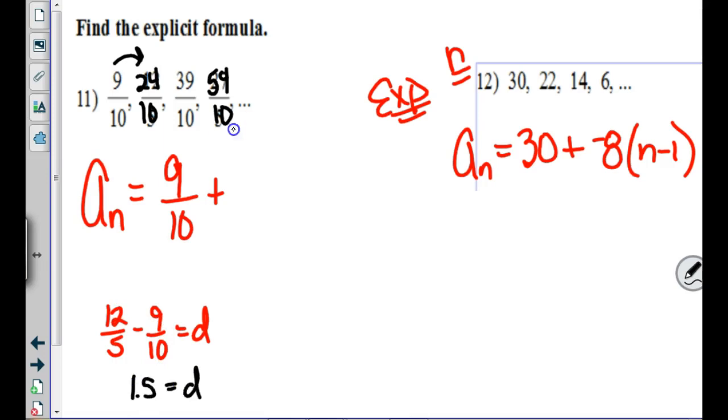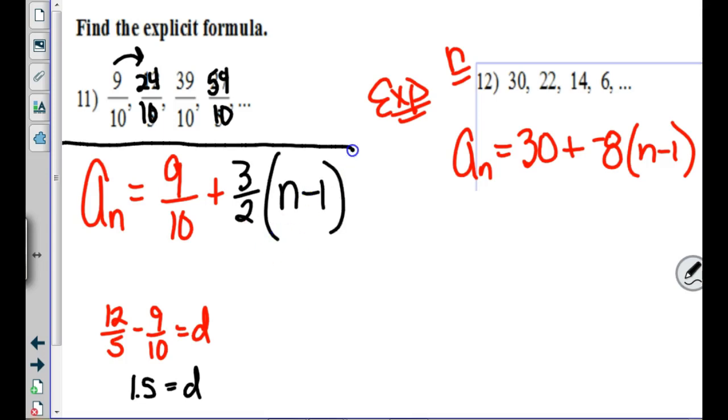So you could use 1.5. I would probably put 3/2. In theory, you could put 15 over 10, right? And then n minus 1. Yes? No? We okay?